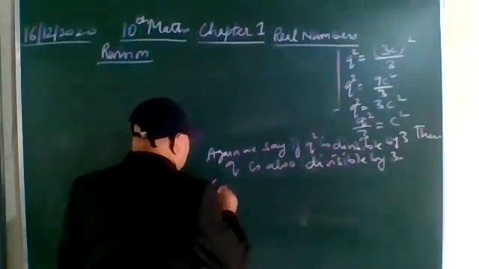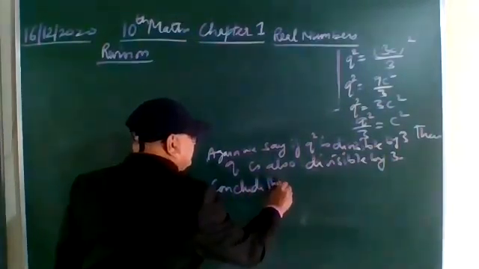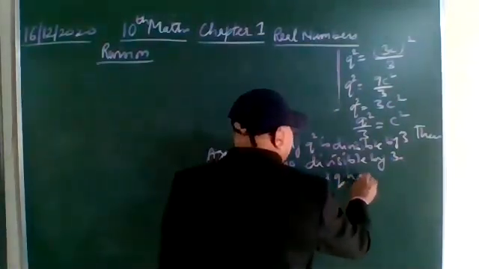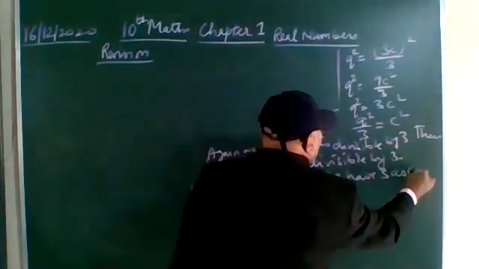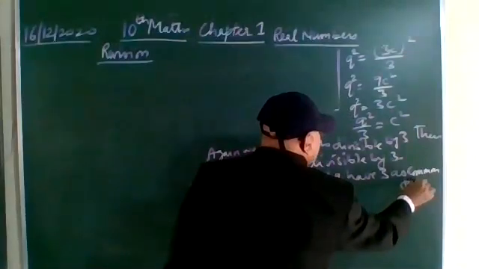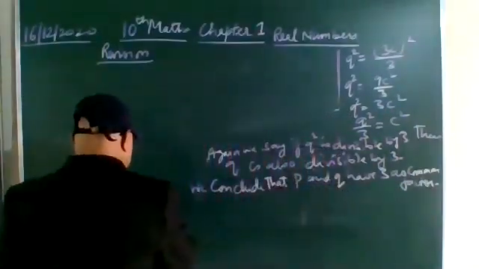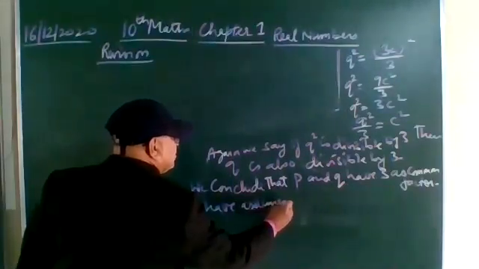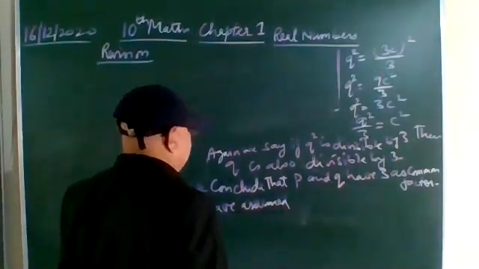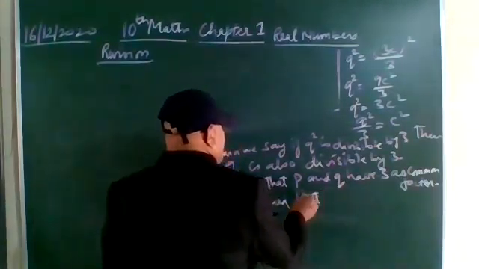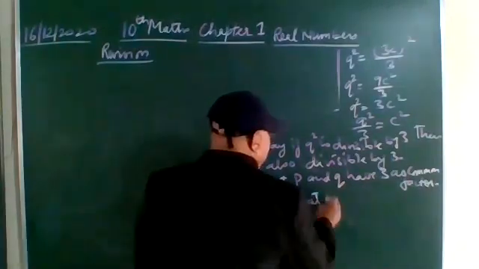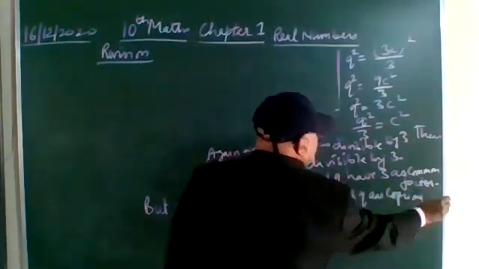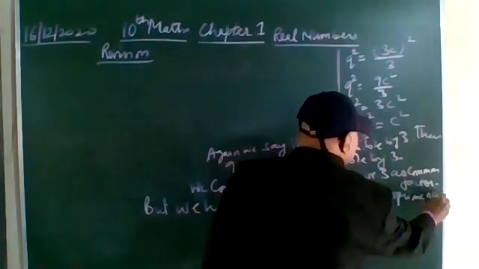So we conclude that P and Q have 3 as a common factor, but we have assumed that P and Q are co-prime numbers.